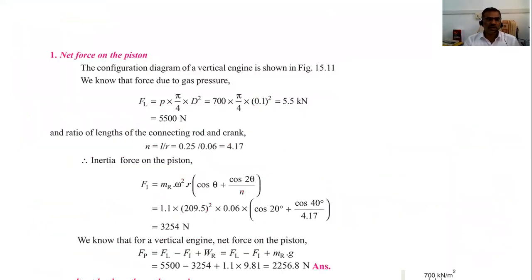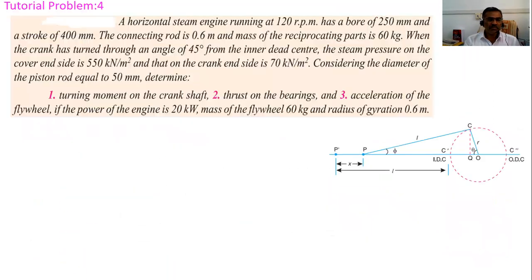So last, we have one more problem. Here, there is a horizontal steam engine running at 120 RPM. Bore is 250 millimeter. Bore means the diameter of the piston. Stroke is 400.